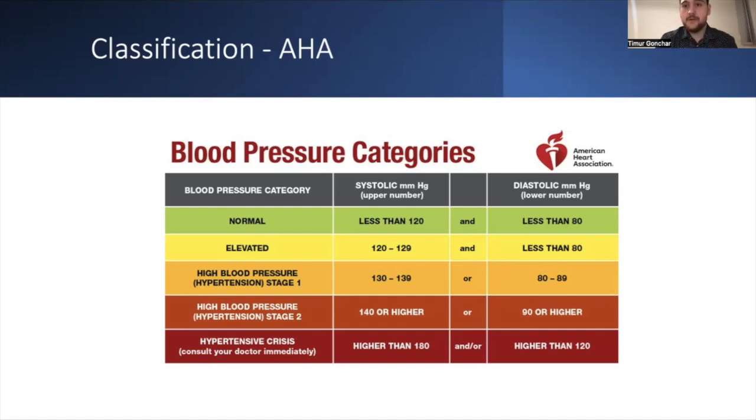It's important to know this classification because it is going to partly guide your clinical management of the patient. And sometimes we're going to see guidelines saying, okay, stage 1 drugs to treat, stage 2 drugs to treat. For hypertensive crisis, there are actually some special drugs. So it's important to know the difference between different stages.